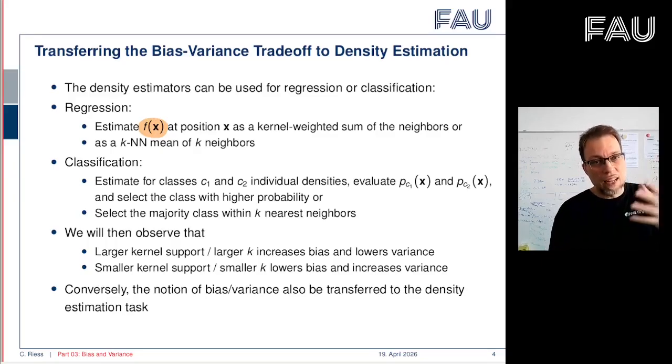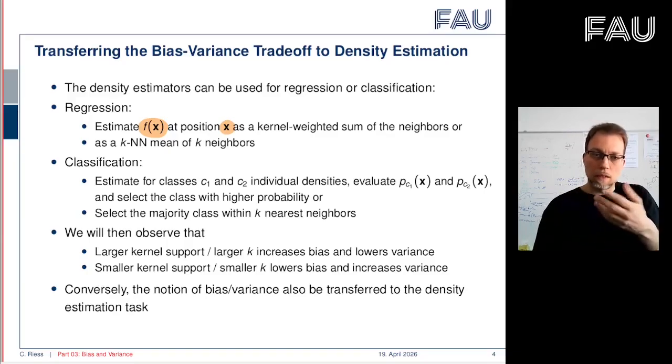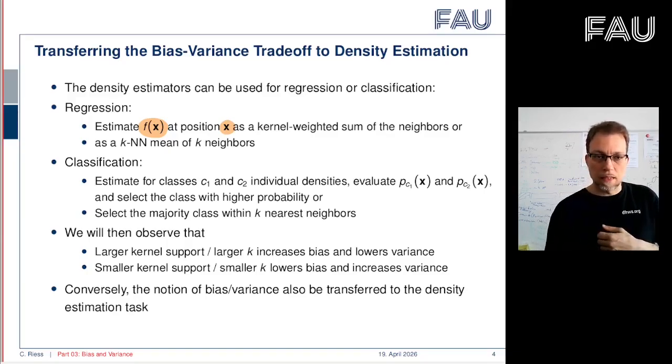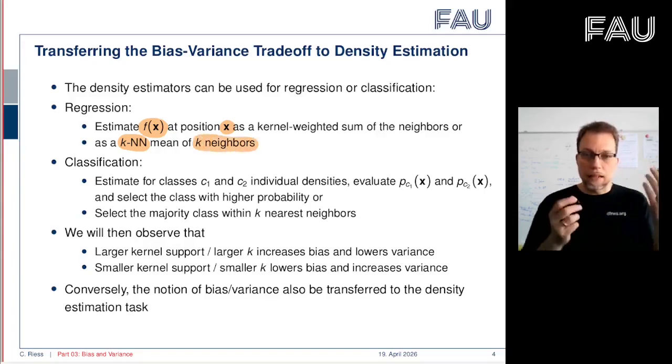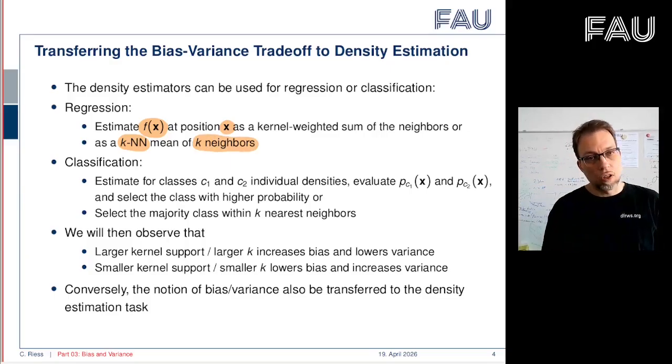So estimate f of x at position x as a kernel-weighted sum of the neighbors. This would be a regression task with a kernel estimator. Or we could also say, well, we can take a mean of the k neighbors, and then we have a k nearest neighbor estimate of the value at hand.